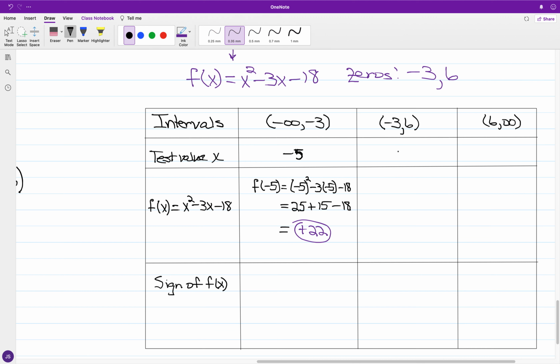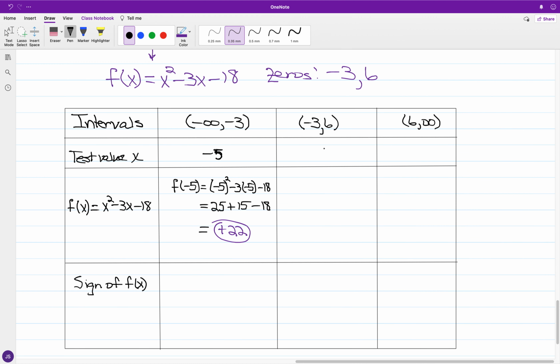And then if I were to test out any input that is greater than negative 3 and less than 6, we can once again go with 0. And guess what? If I plug in 0, you got 0 minus 18. So here the output is negative 18. And then for anything that is greater than 6, we can go with the number 7.